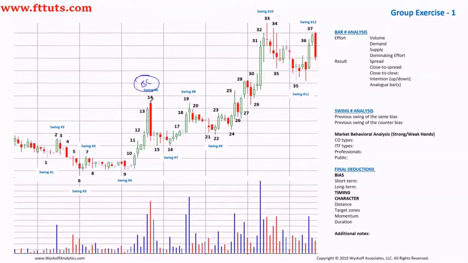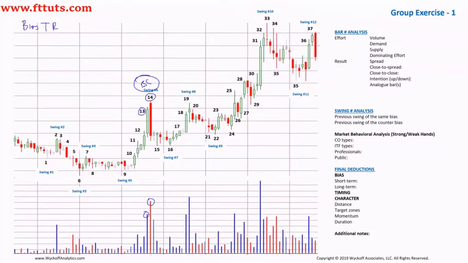So if this is a buying climax, let me ask you this question. Looking at bars number 13 and 14, could we speculate about the bias of a trading range that's going to come?